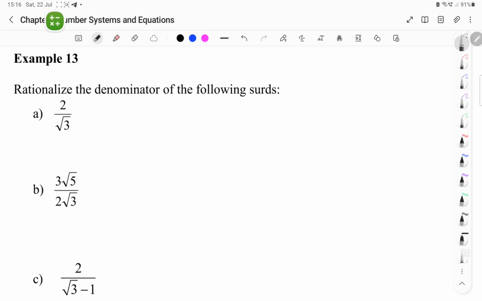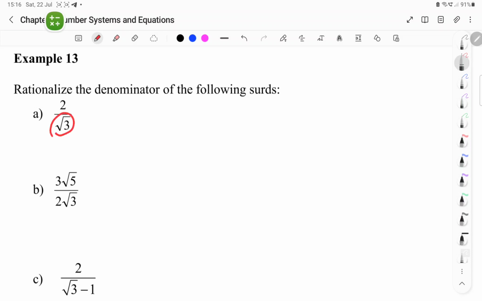To make it rational, we have to turn the denominator into a rational number. Any rational number, it doesn't matter what the number is, as long as the number doesn't have a surd anymore. In order to achieve that, it's very simple.